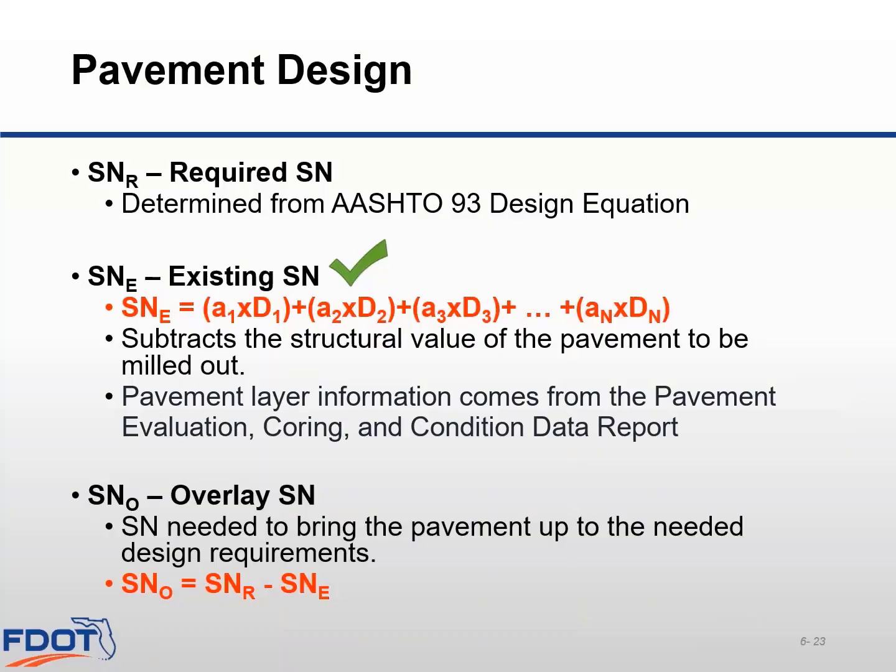So now we have our existing structural number, and we've accounted for the milling in our calculations. We now have our required structural number, and so the last step is to determine our overlay structural number. This is the structural number that we'll need to bring our existing pavement structure, minus the milling, up to the value of our required structural number.